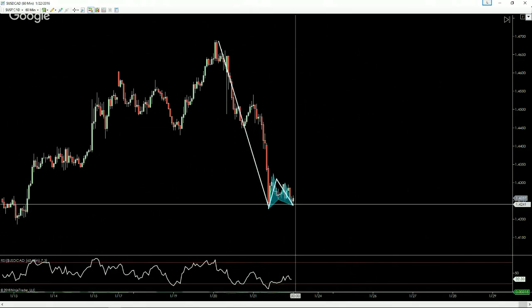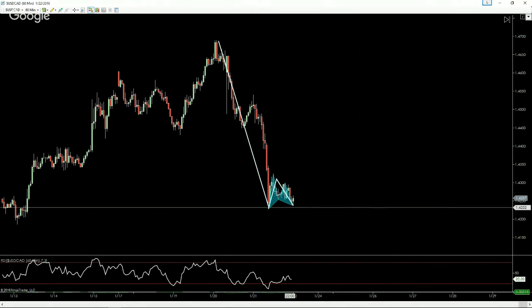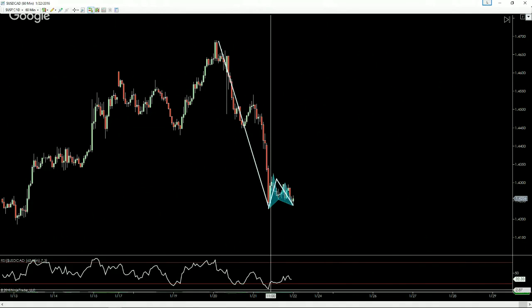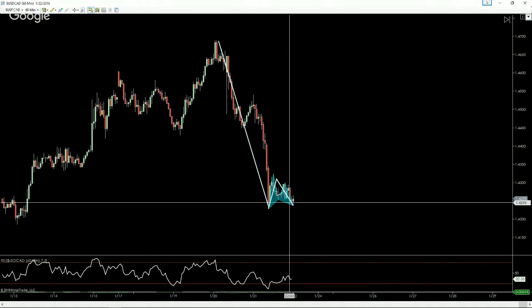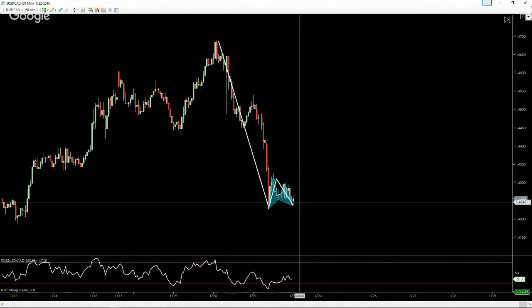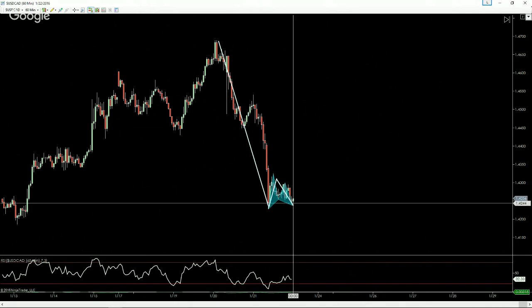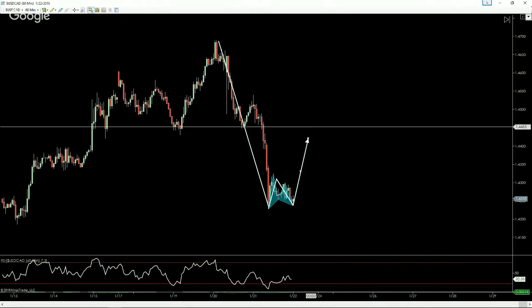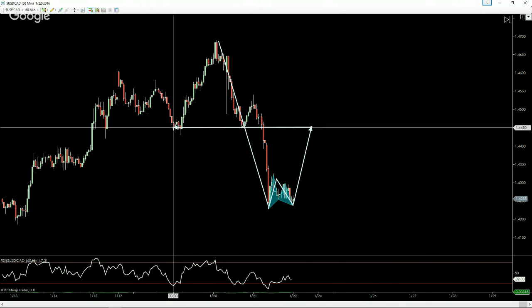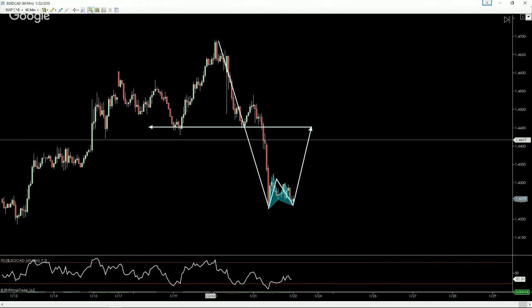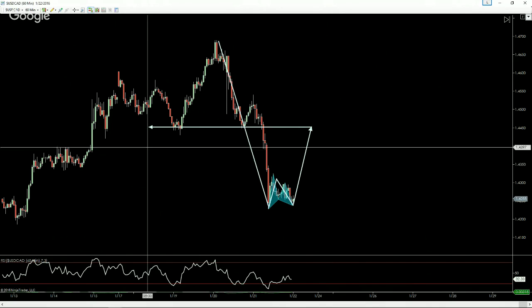This pattern right here, the completion right there, because of the double bottom and the divergence that we're seeing on the RSI, I'll be using that as an aggressive entry to continue back to this level right here that we had identified as a probable retracement level.